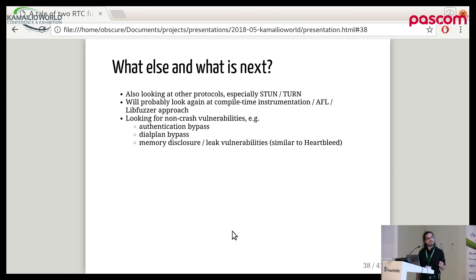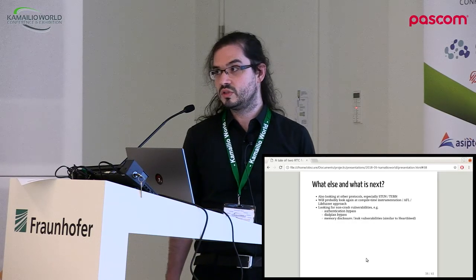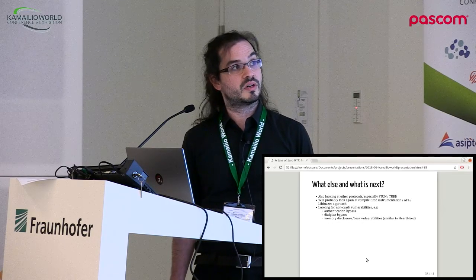But also, I think it's quite useful to look at vulnerabilities that do not result in crashes. It's harder to detect. You kind of have to know what you're looking for sometimes. So we have to figure that out more efficiently. But things like memory leak vulnerabilities, similar to the Heartbleed vulnerability, could very well exist in the SIP servers out there.